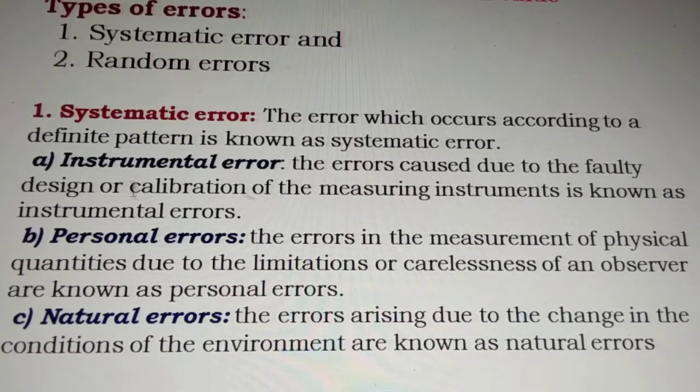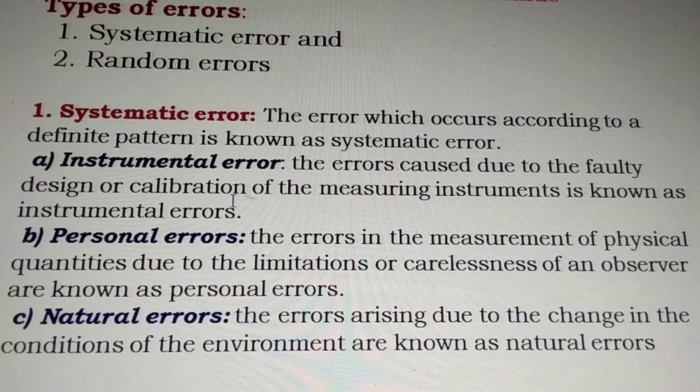The calibration is not proper, the numbering on the instrument is not proper, and there is a fault in the design itself. Then it is termed as the instrumental error.